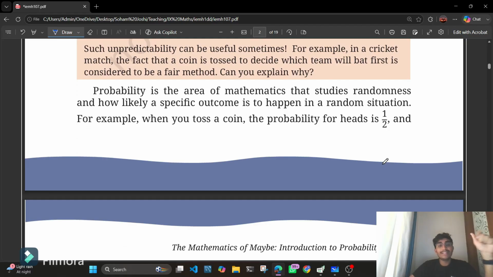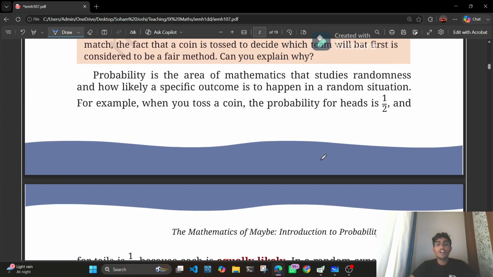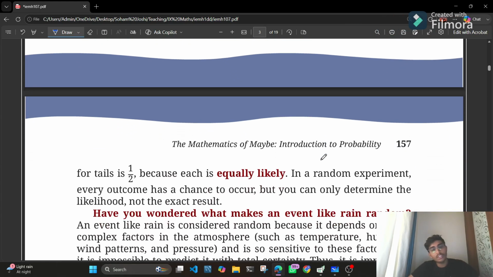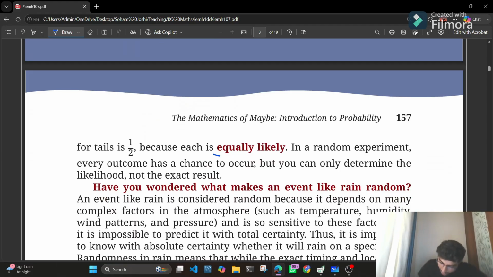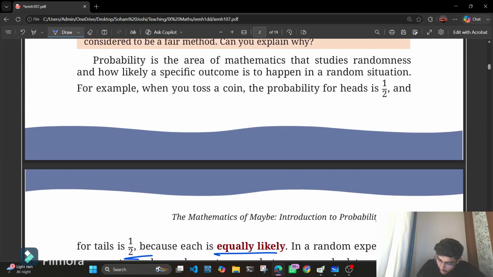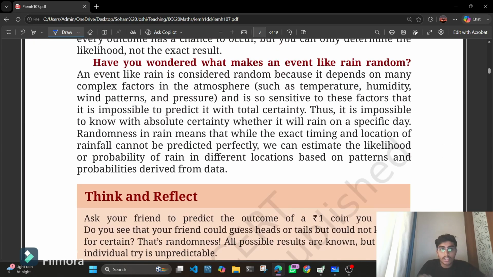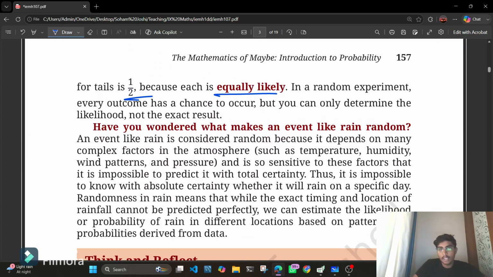So probability is the area of mathematics that studies randomness and how likely a specific outcome is to happen in a random situation. For example, when you toss a coin, the probability for heads is 1 by 2 and for tails is 1 by 2, which is equally likely, right? Now, how do we calculate this probability? We'll learn it further, but for this point of time, you can refer to this.